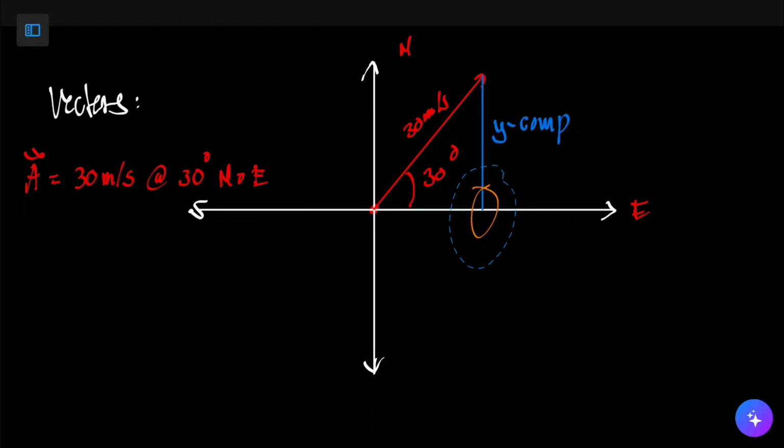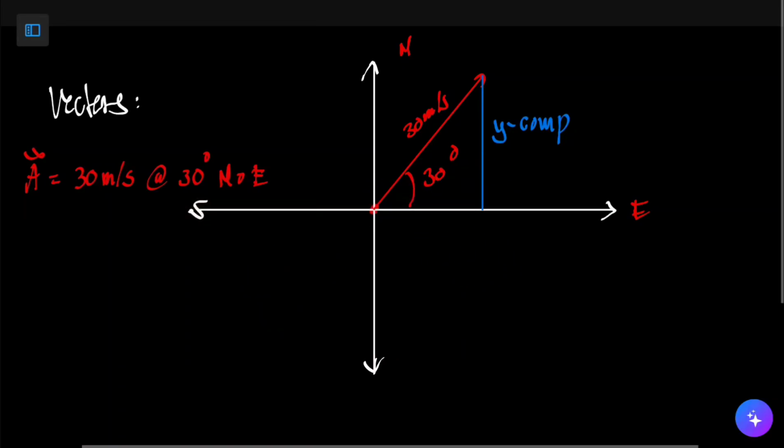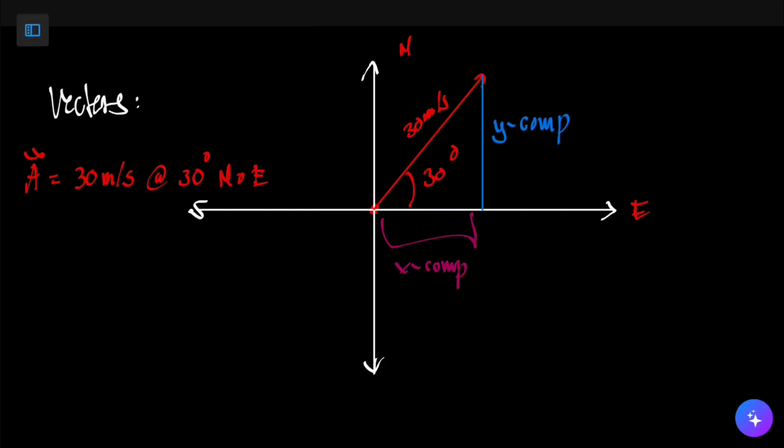So from the starting origin to here will be the movement of that vector from origin to here. So this span here is the projectile's movement on the x-axis. So we can call this your x component.